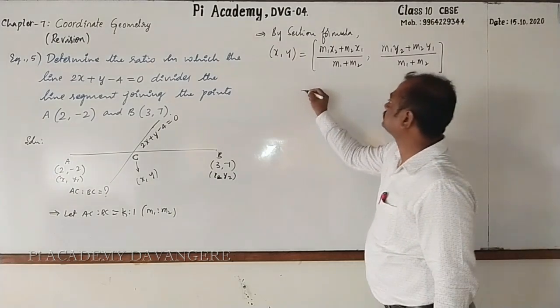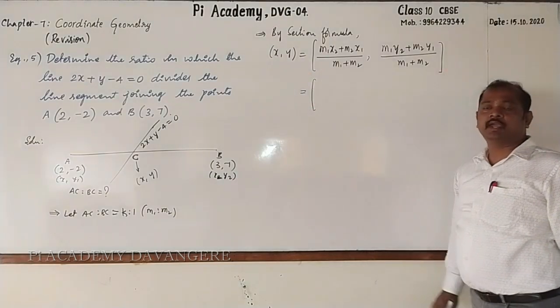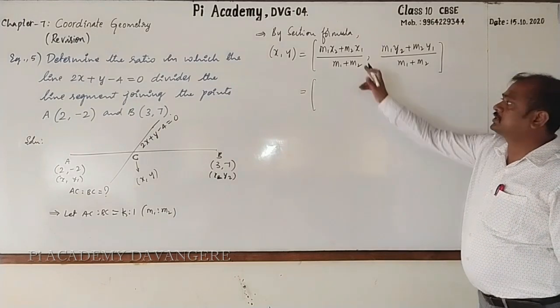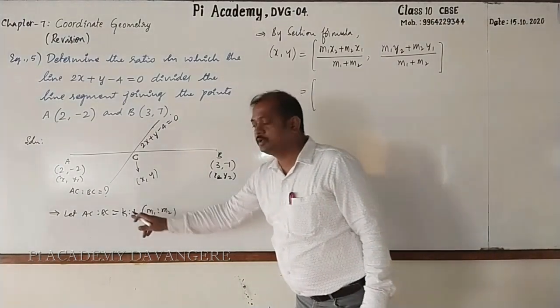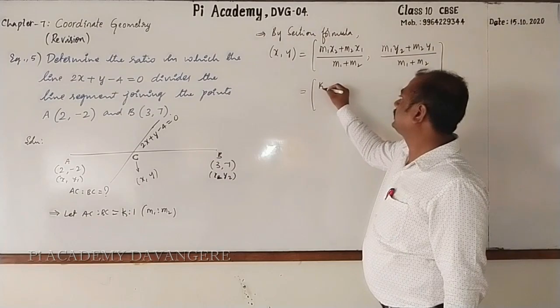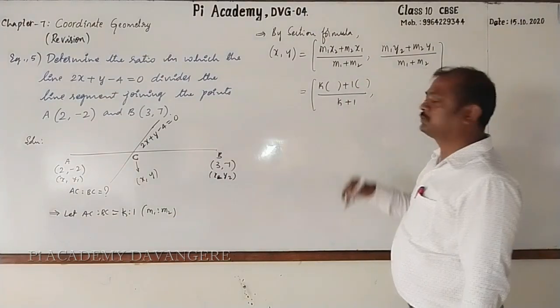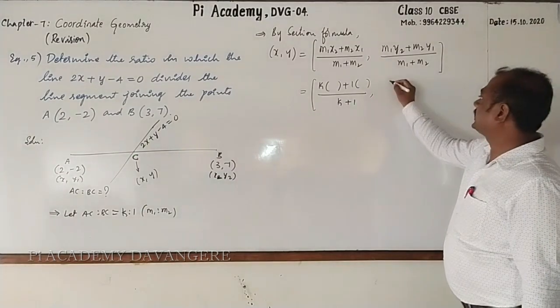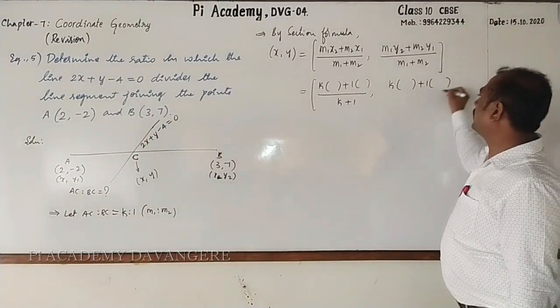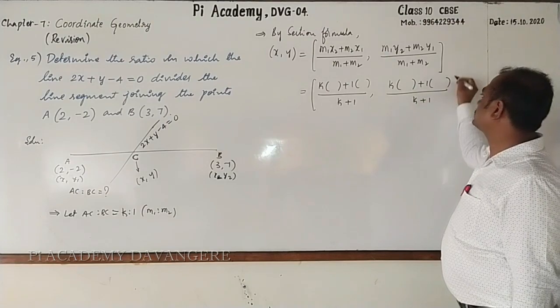Substitute (x, y) as it is. m1, m2 are k and 1.